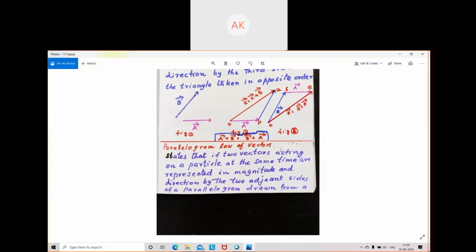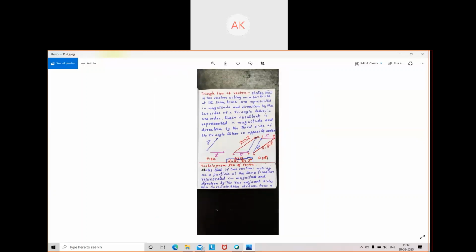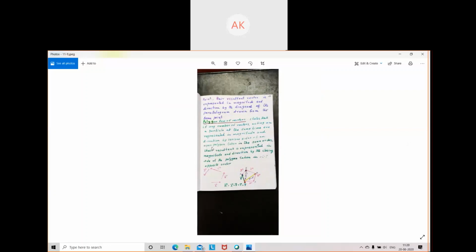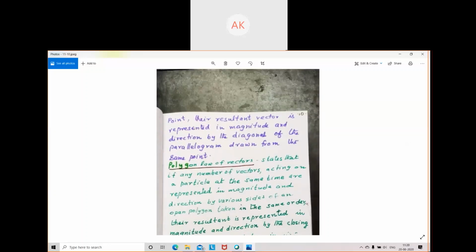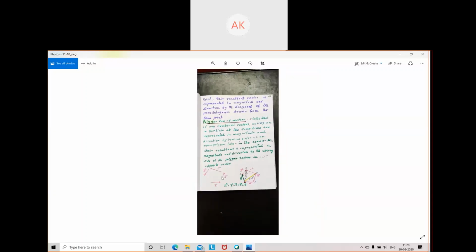The parallelogram law of vectors states that if two vectors acting on a particle at the same time are represented in magnitude and direction by the two adjacent sides of a parallelogram drawn from a point, then the resultant vector is represented in magnitude and direction by the diagonal of the parallelogram drawn from the same point. Okay, so that is the statement.